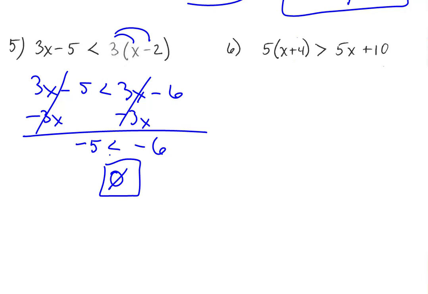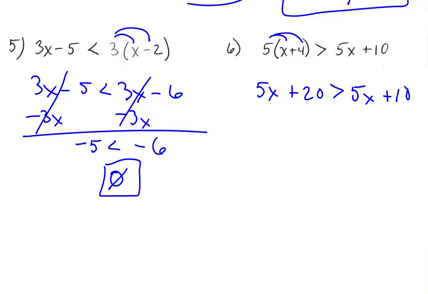Moving on to a next example, this one begins as 5(x plus 4) is greater than, so the alligator's eating the left side here, and then we have 5x plus 10 on the right side. Well, we can begin by distributing the 5 on the left side to get 5x plus 20 is greater than 5x plus 10.